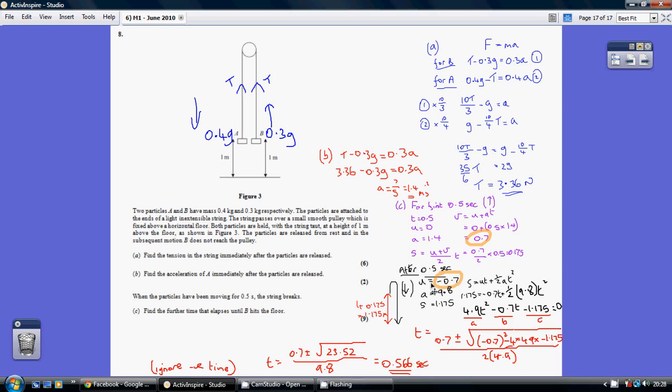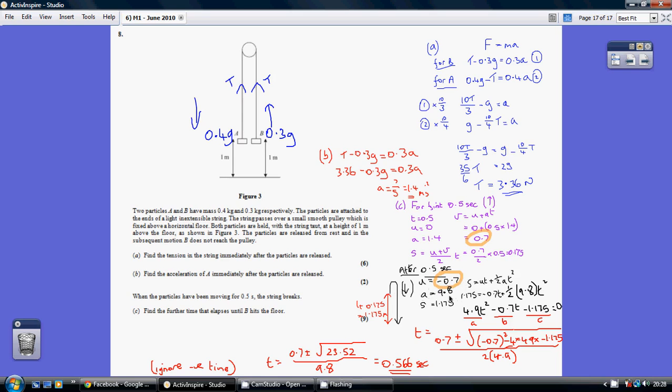So now let's consider straight after this 0.5 seconds. I'm going to be resolving downwards, considering downwards as positive. We've got an initial speed, being the final speed that we've just worked out, magnitude 0.7, but that's going upwards, and I'm considering upwards to be negative, downwards to be positive. So my initial speed is minus 0.7.